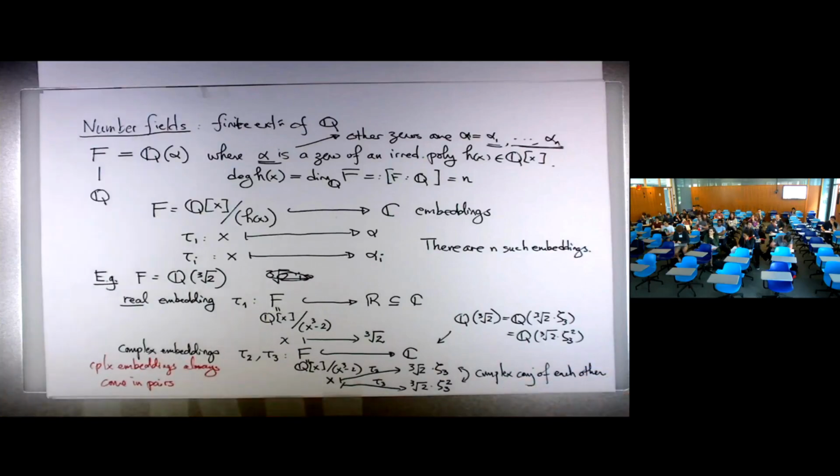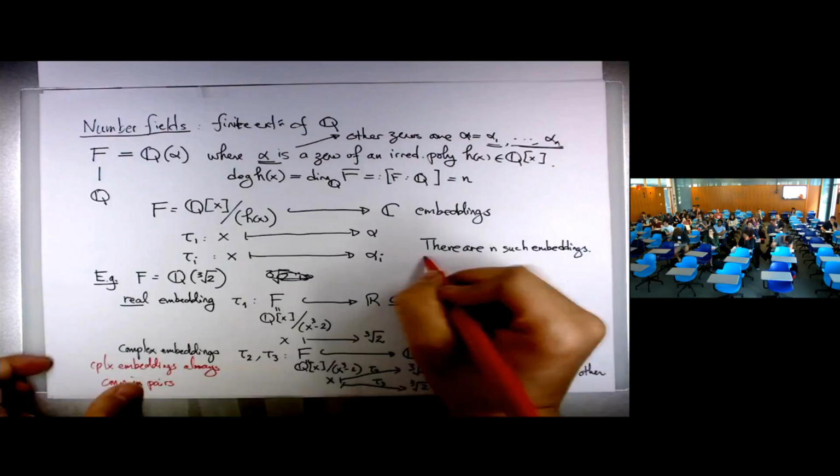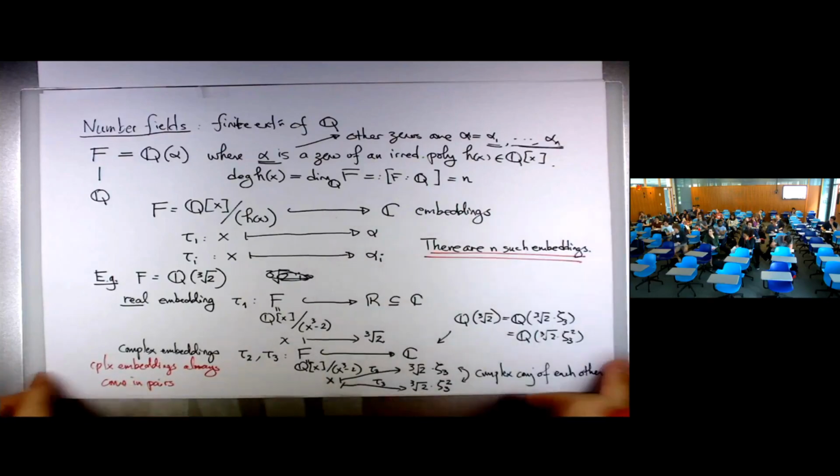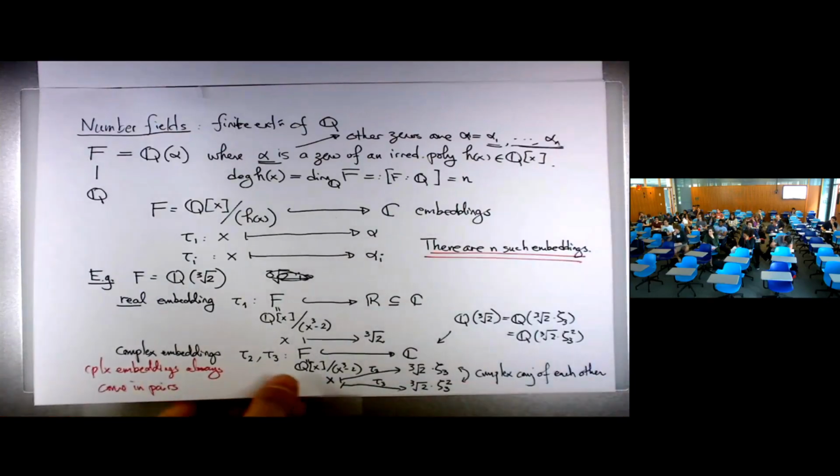But altogether, there are n embeddings if the degree of F over Q is n. Are there any questions?